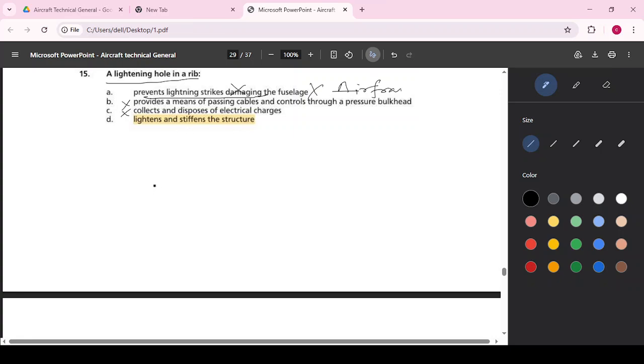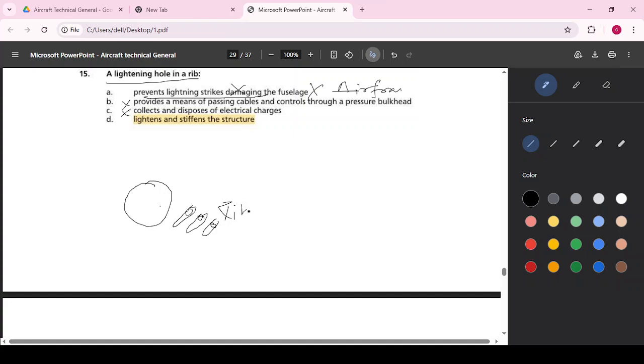That is 100% true. The lightning holes in the ribs. Here we can see that there are ribs in the aircraft wing.